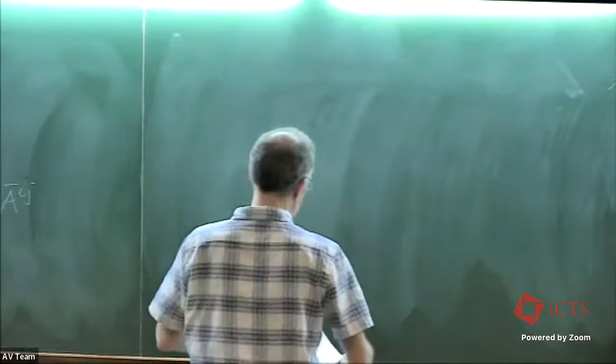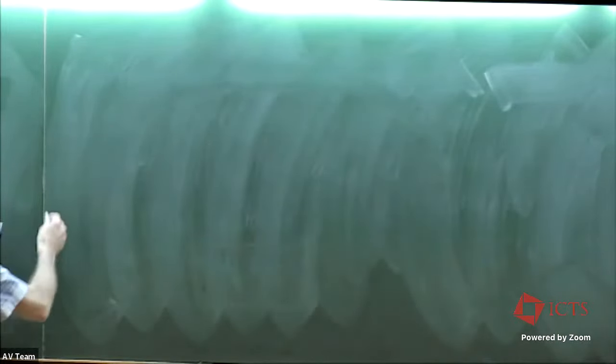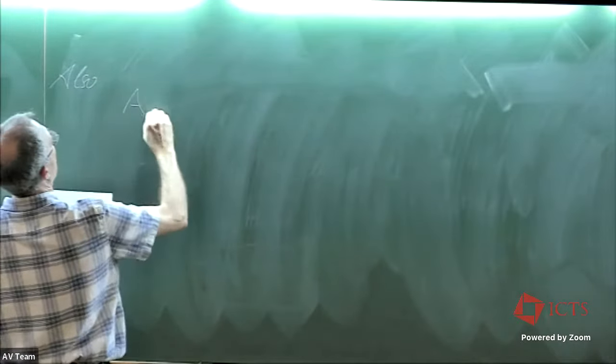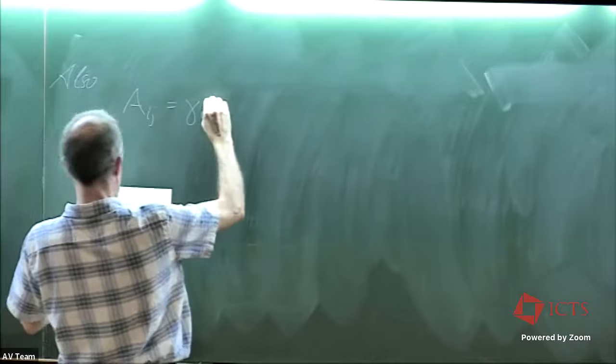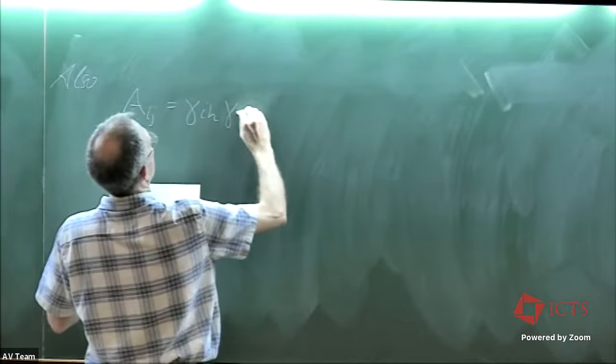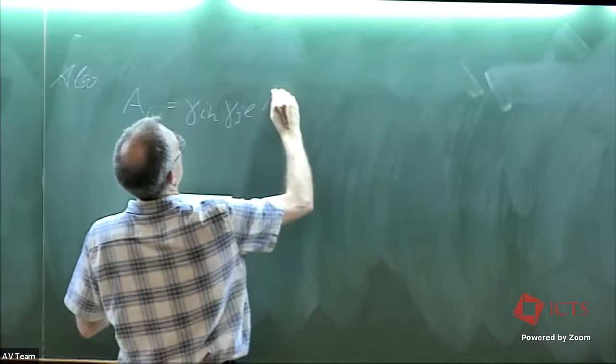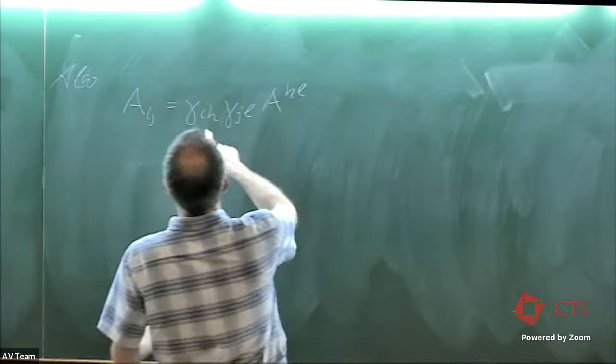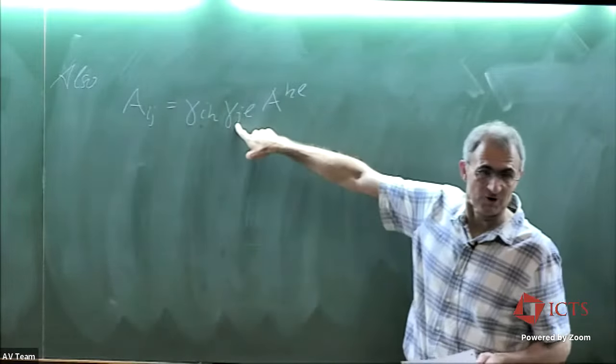Okay, being disorganized. You know what, let's make this nice, right? So we start over here. So let me lower the indices on the A^ij. So we have A_ij equals gamma_ik gamma_jl times A^kl. Okay. Now I will insert the conformal rescaling for both the gammas and the A^kl. The gammas both have a factor of psi to the 4.